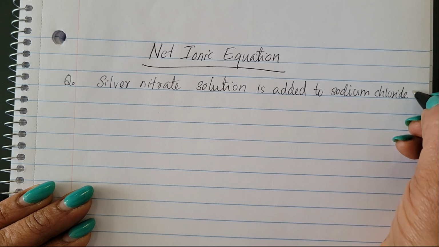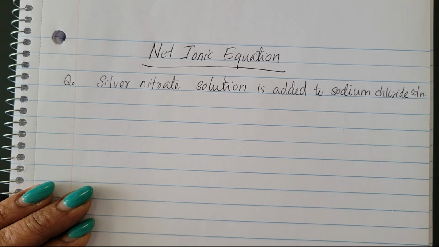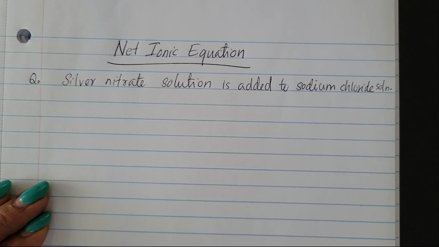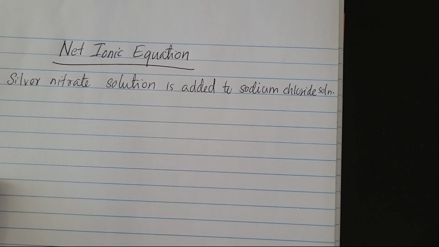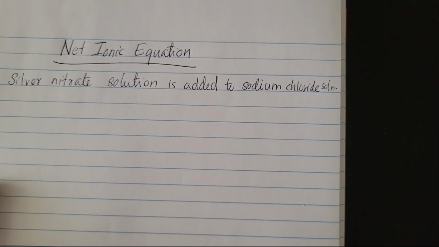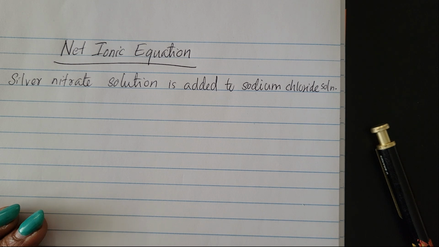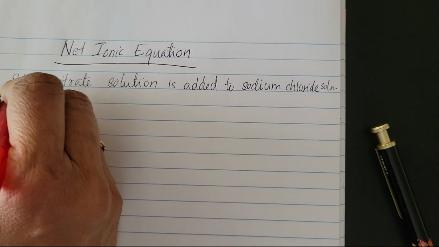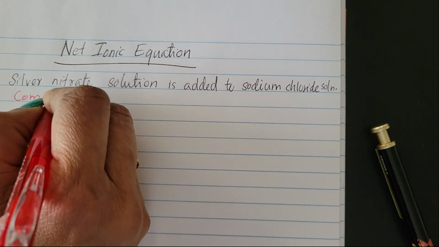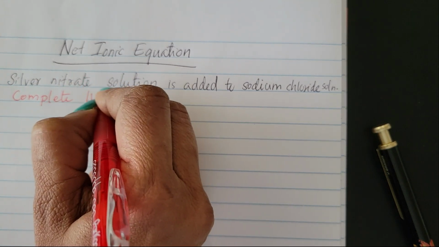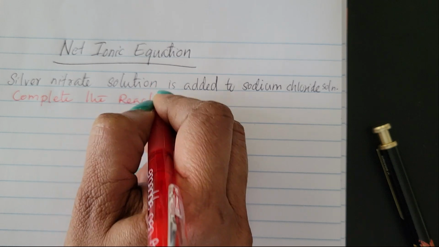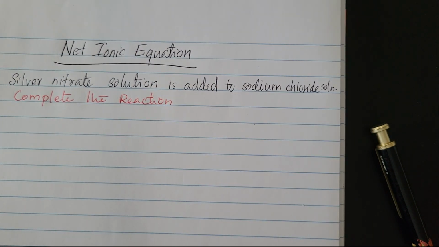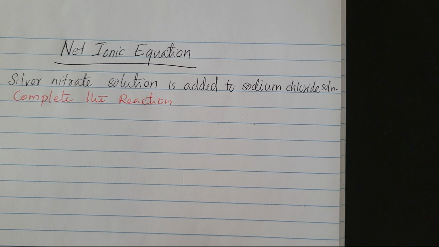So this is your question. So what is the first step? We said what is the first step? Complete the equation. We are going to write that reaction and complete it.